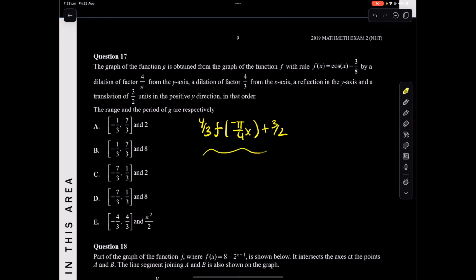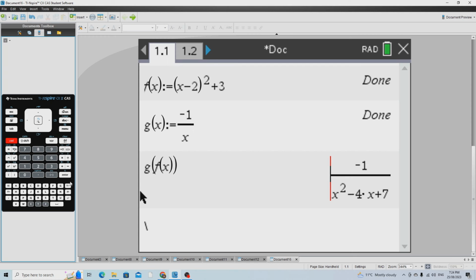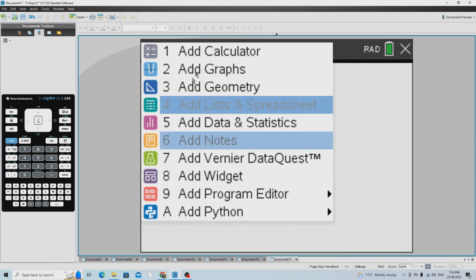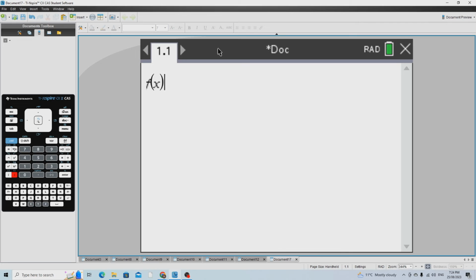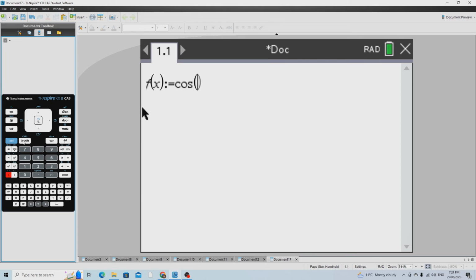Let's define this function and put those transformations in this, to try to find the range and the period of the function. So let's control N this, and define f of x as cos x minus 3 over 8.